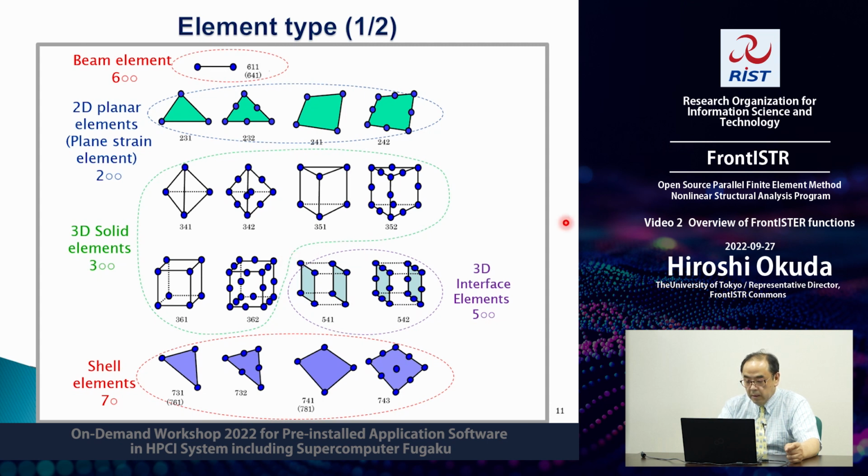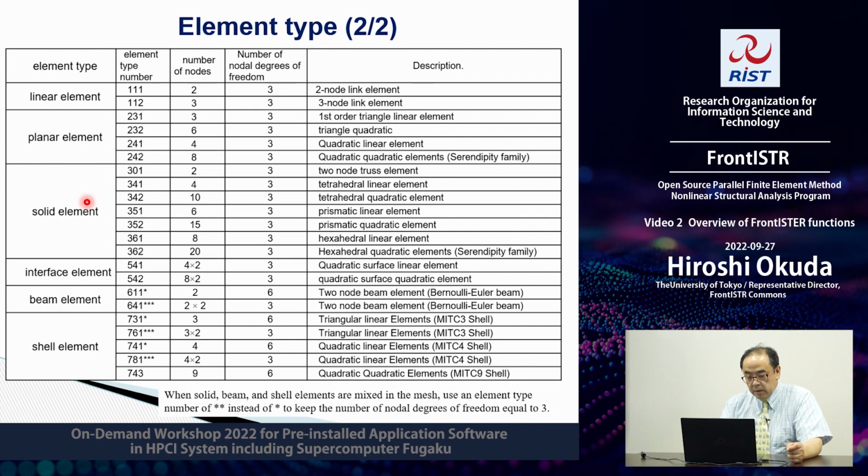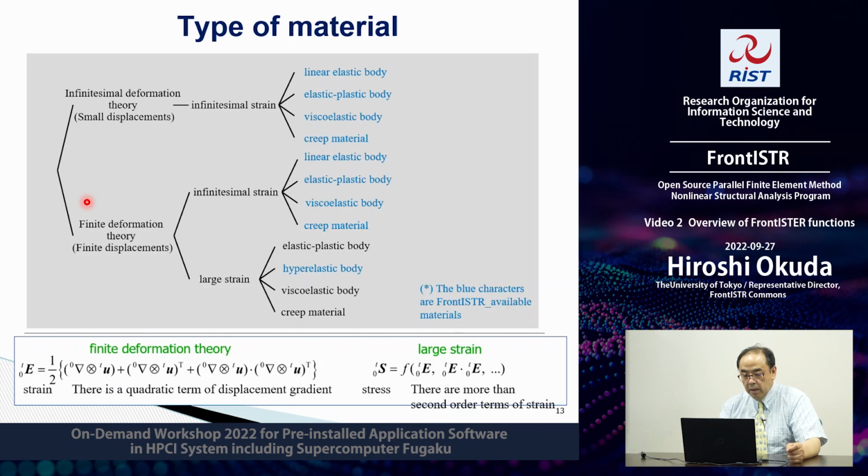Okay. And these differences of the elements are expressed by the element name by using numbers like this. Okay. So this is more detailed information about the element types, so I won't go into details for this slide.